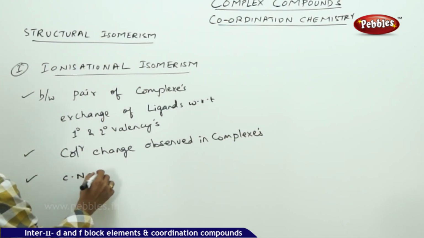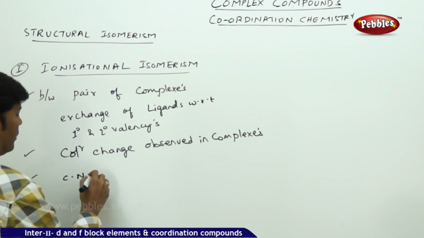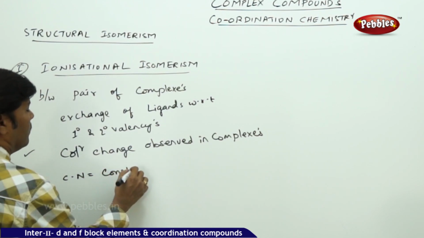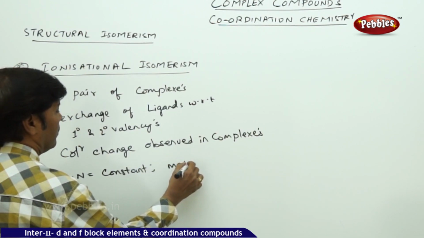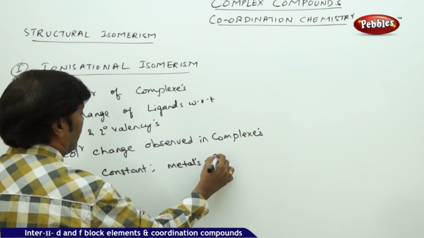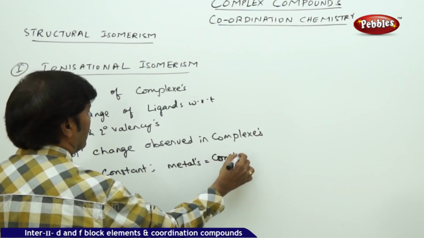The coordination number remains constant for the metal complex, and the metals in the complex also remain constant.